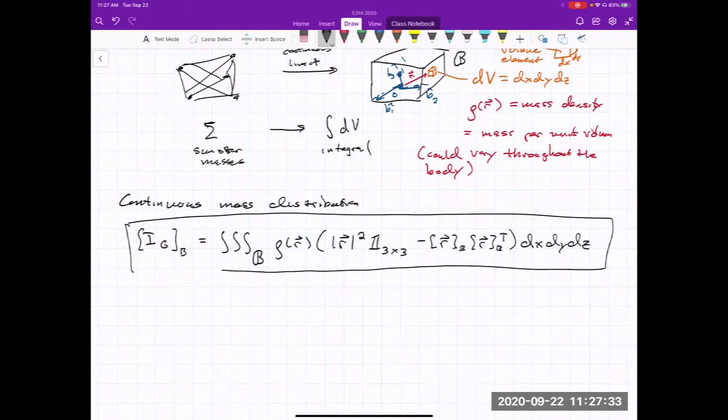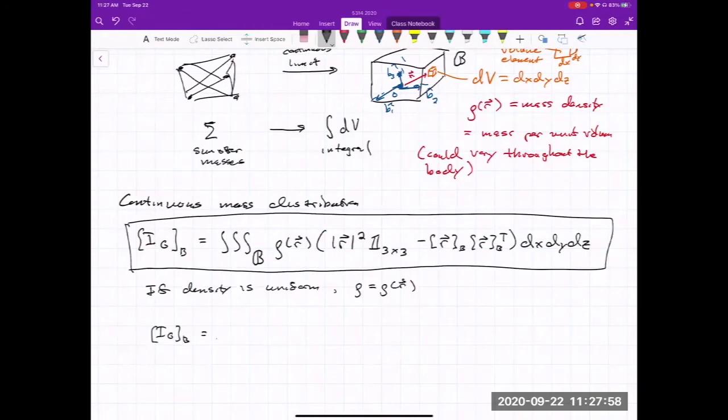Now, if we make the assumption that we've got continuous density, so if density is constant or uniform, we'll just say rho. So the density is just one value throughout. We can pull that out of this equation.